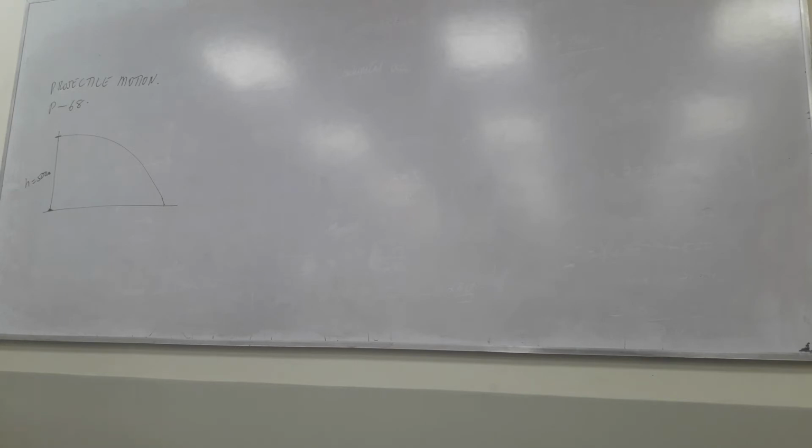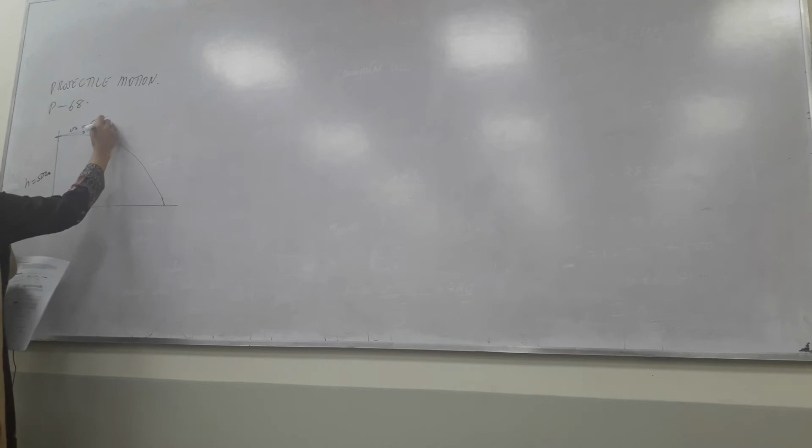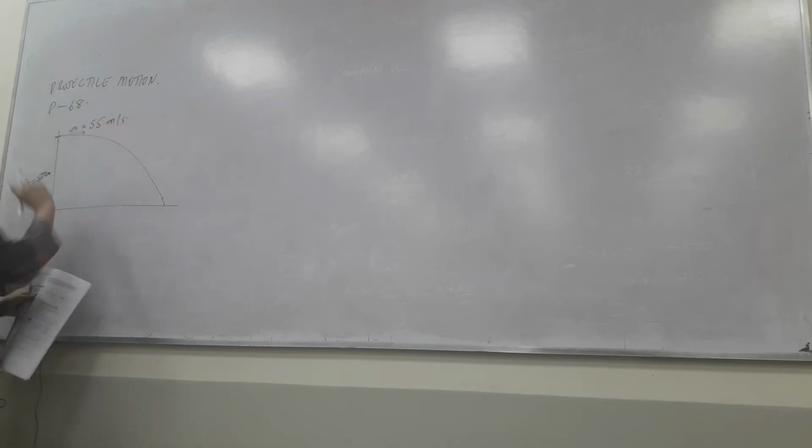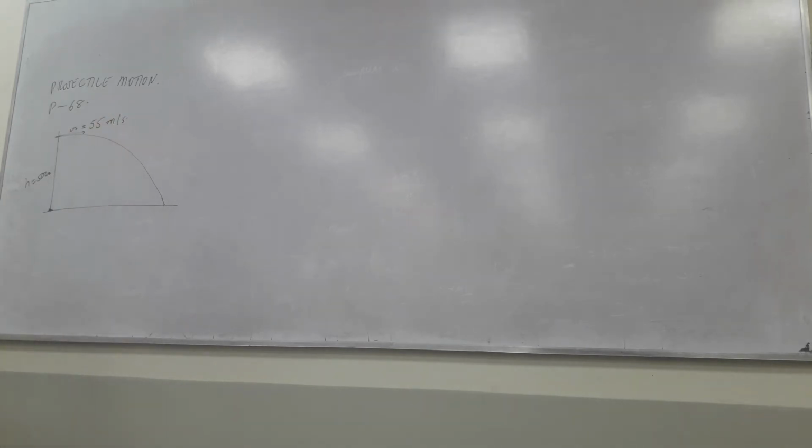So, in this case V0 is the initial velocity, and its direction is like this, because the plane starts in the horizontal direction, but then projectile motion brings it in a curved path. So, V0 was equal to 55 meters per second.